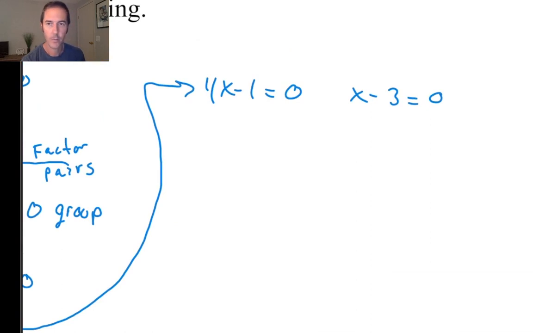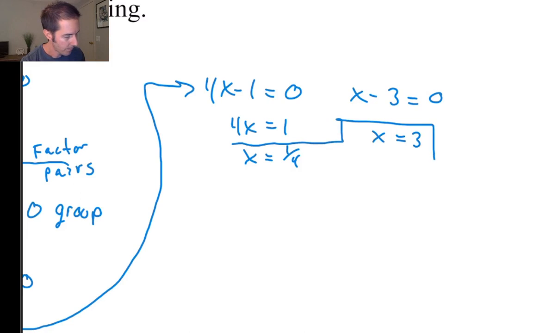And let's solve those two little equations. Adding 1 to both sides, dividing both sides by 4. That's one of our solutions, 1/4. And in the second equation, all we have to do is add 3 to both sides to get our second solution. And so, the two solutions to your original equation are positive 1/4 and positive 3.